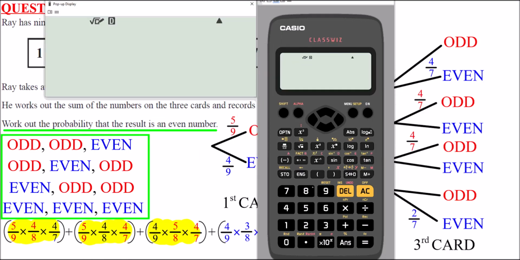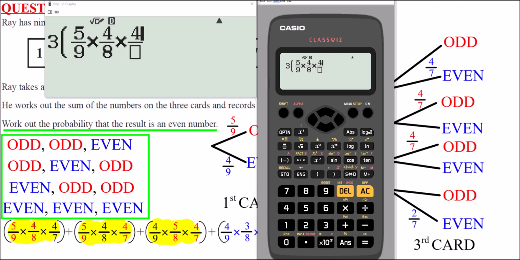I'm going to do 3 lots of, in brackets, 5/9 times, just be careful you're typing it in, 4/8 times 4/7, because these 3 first brackets are all the same value, just different orders sometimes.